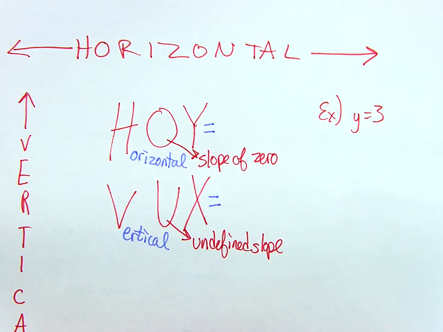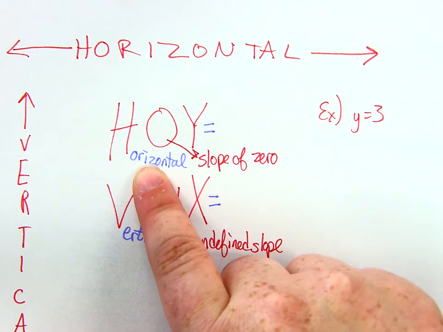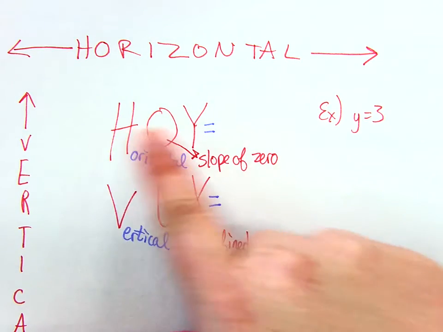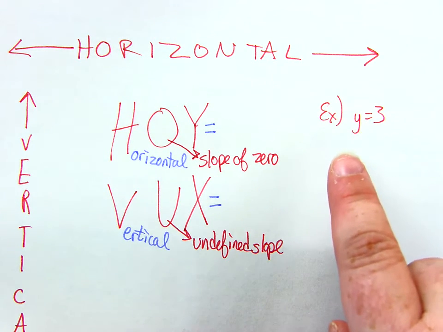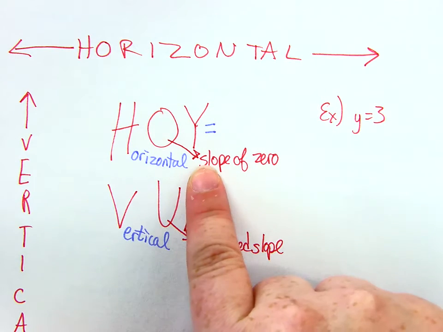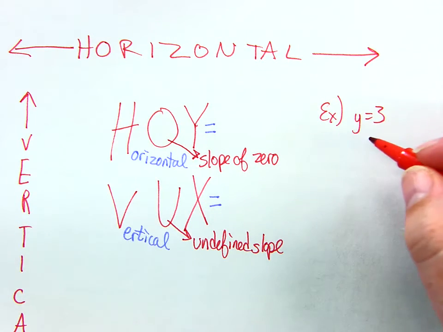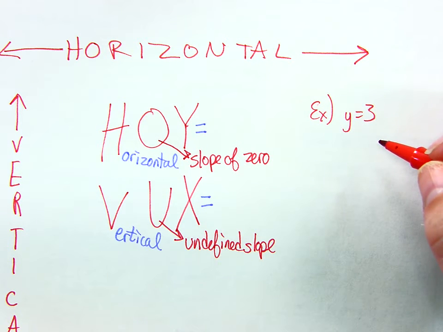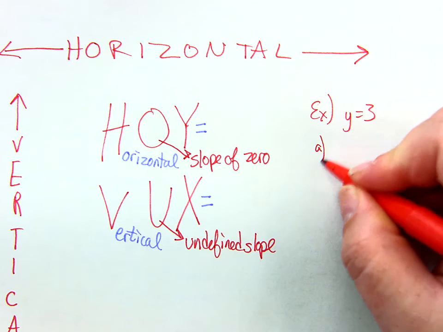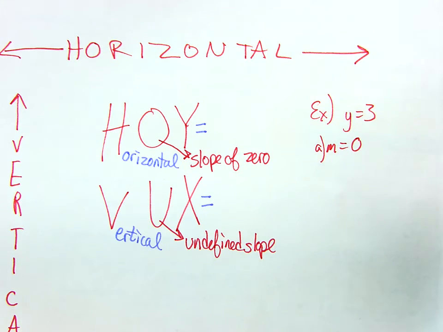It would be a horizontal line. That's it. What would the slope of this line be? 3? Yes. 0. It's 0. The slope is 0. So, just like on last night's homework, if I gave you this equation and I asked you what the slope was, the slope is 0. So, part A, the slope, is 0.